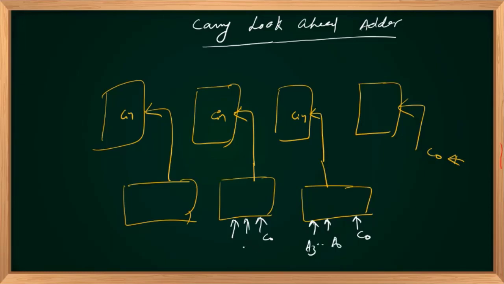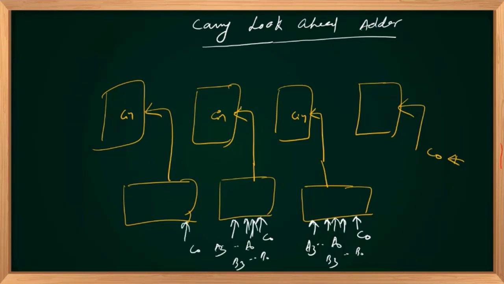Then C0, A0 to A3 along with the B0 to B3, right?